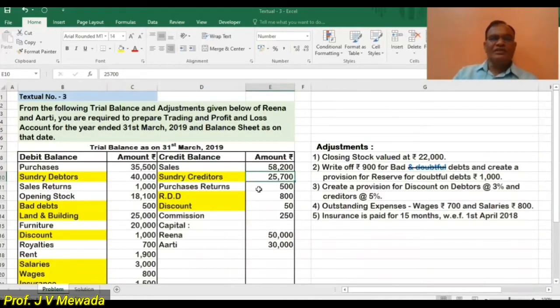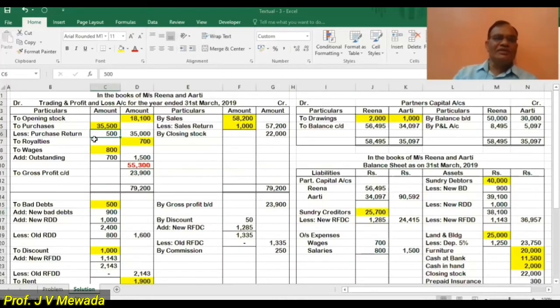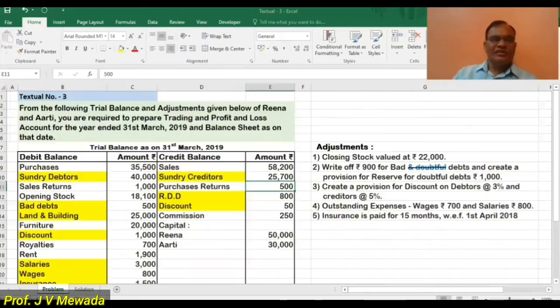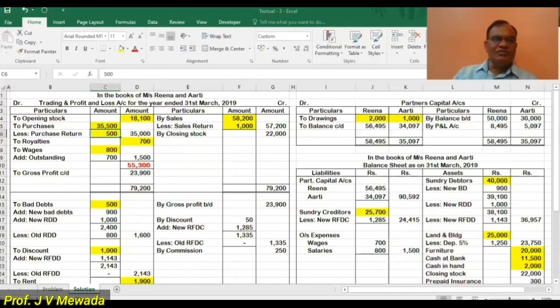Then we are having purchase return. So minus from purchase return, that is 500. Then next we are having RDD. RDD is reserve for doubtful debts. Old reserve for doubtful debts 800. We are subtracting from the formula on the debit side of profit and loss account.